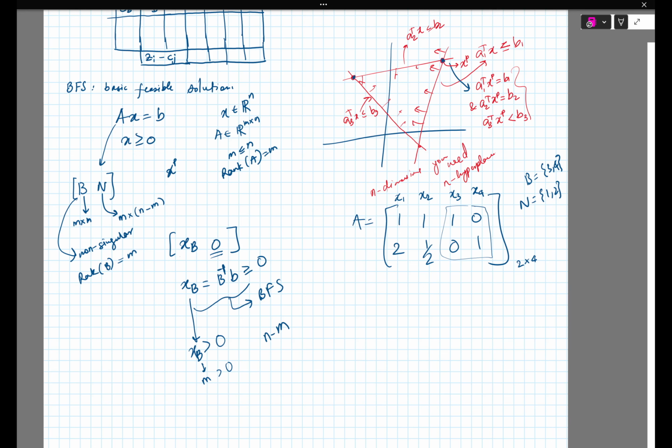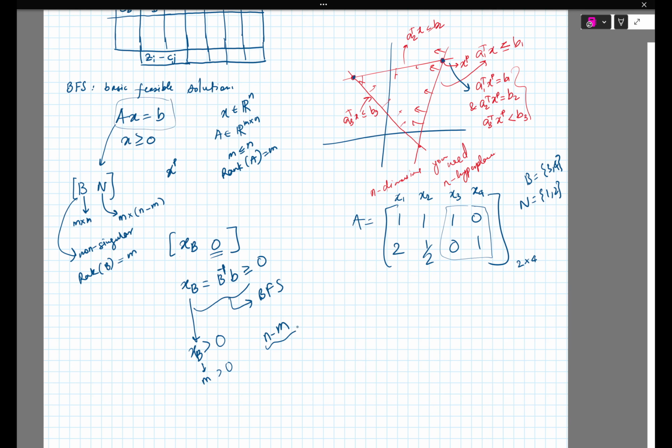But to get a corner point, in n dimensions you need n hyperplanes to intersect, like n constraints should be active. So now only n minus m are active, but remember that all these always satisfy this, and these are m constraints.